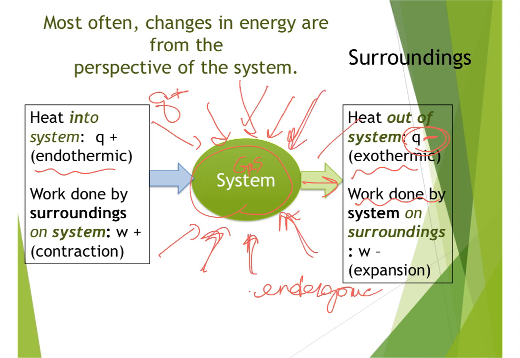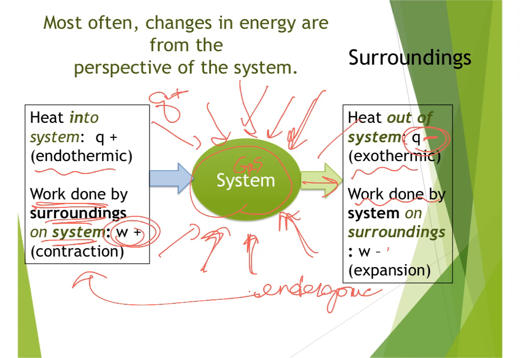Okay. So the sign associated with that, whoops, I'm on the wrong side. Here we go. Work done by surroundings on the system. So the work has a positive sign and it's endothermic. Okay, and the system itself is going to contract. It's going to shrink. All right, so let's go the other way for a minute.